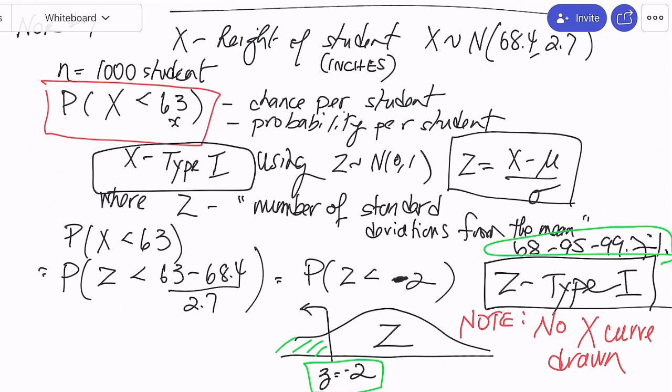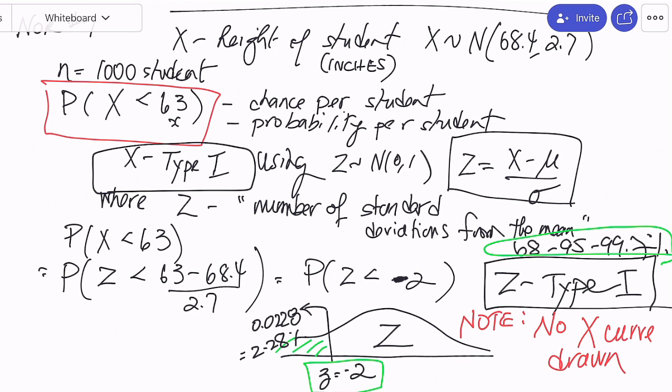All right, so what you do is go to -2 on the table, on the negative table, and you find it's 0.0228. Or you could say that's 2.28%.